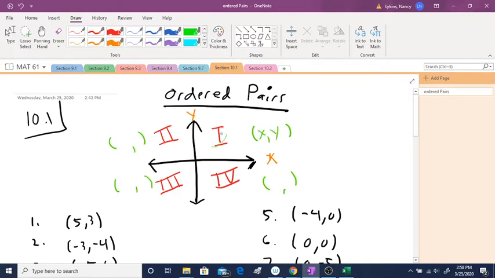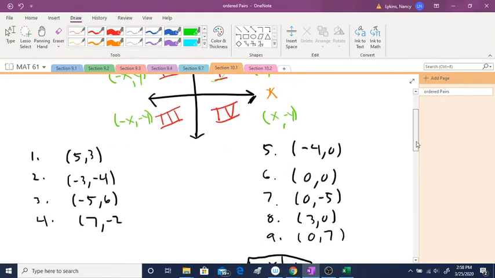That means any point in quadrant 1, x and y are both positive. Now quadrant 2, since we're going to the negative side of the graph, that is negative x, but we're going up, so that means that's a positive y. The third quadrant is a negative x and a negative y. And the last one is a positive x and a negative y.